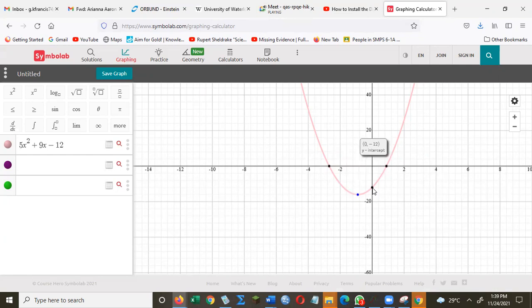That's where x is 0, 0, -12. If you put 0 for x, what you're left with is -12. So when x is 0, y is -12. That's the y-intercept. That's the minimum point, marked minimum point. But we're not interested in the minimum point. We're interested in the solutions, the x-intercepts, the two roots. So that's one way to get it.